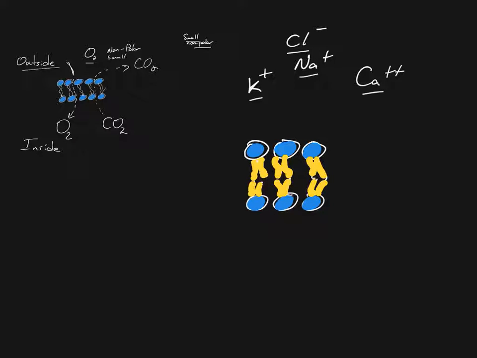All right. These are sodium, chloride, and potassium. They're charged. They won't be able to pass through. But you need them inside the cell. So you have this barrier. How do we get them past the barrier?